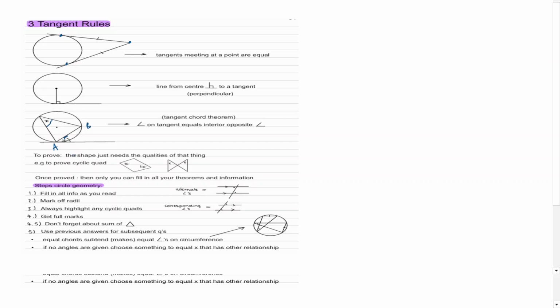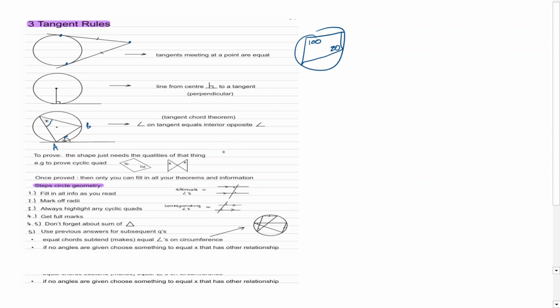To prove that a shape is a cyclic quad: normally a cyclic quad is a four-sided shape inside a circle, and so we can use all the properties like the opposite angles add up to 180.